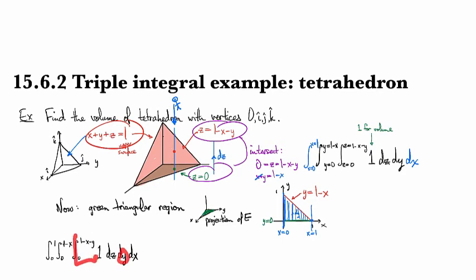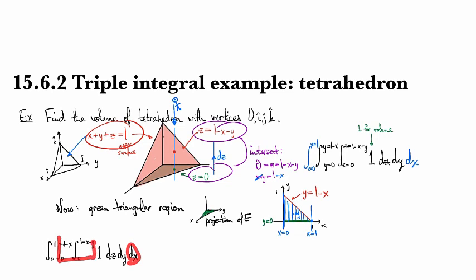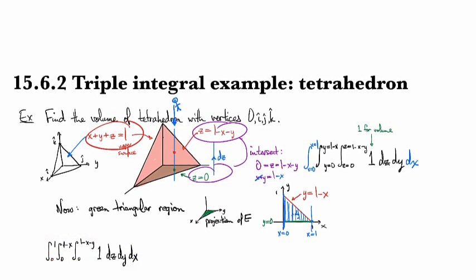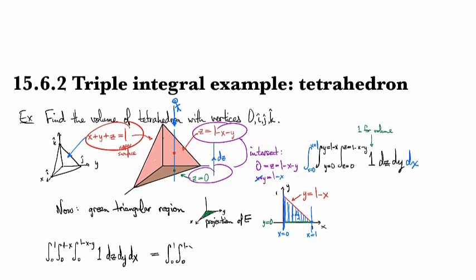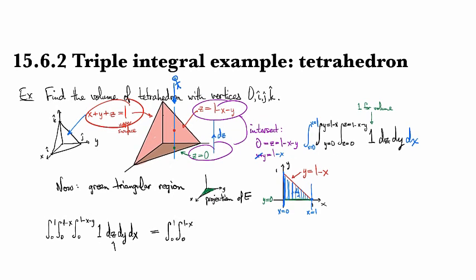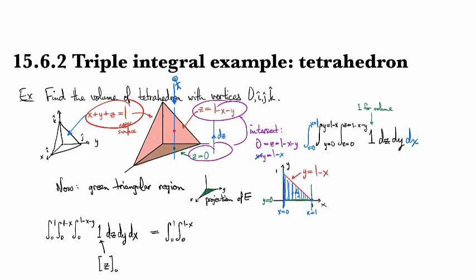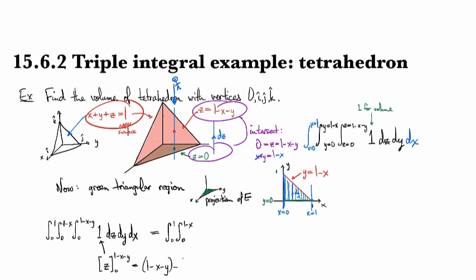Y only appears in the first one, and x may appear in both of these, but definitely does not appear out here because that would be bad. The next thing to notice is that when we evaluate this first integral, we're going to integrate this 1 here and get z, evaluated from 0 up to 1 minus x minus y, which is 1 minus x minus y minus 0.